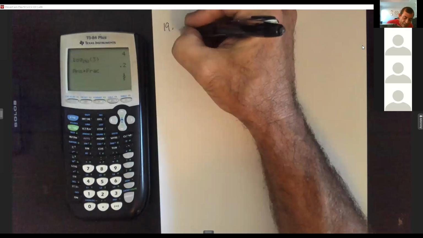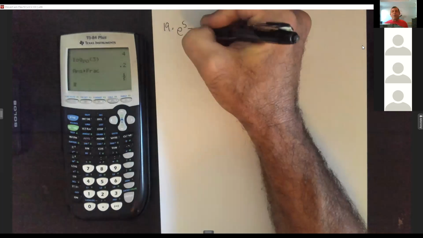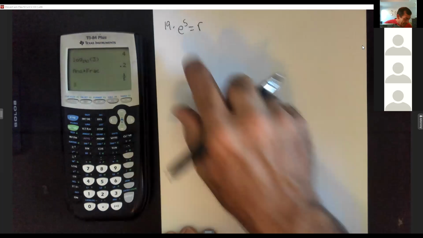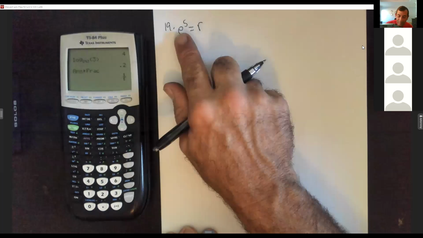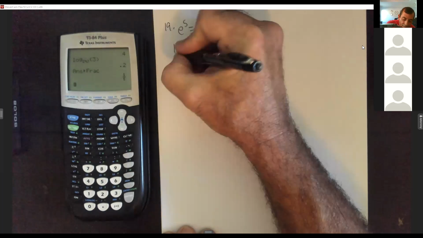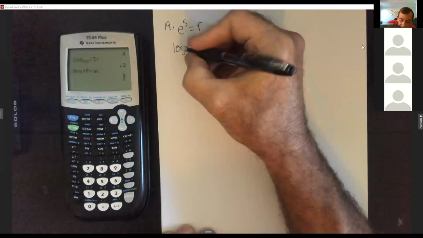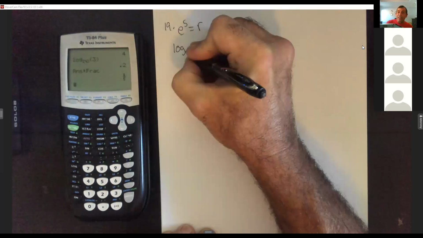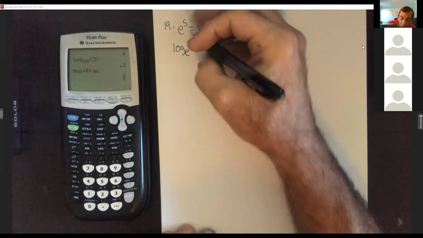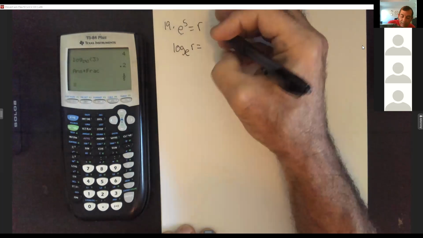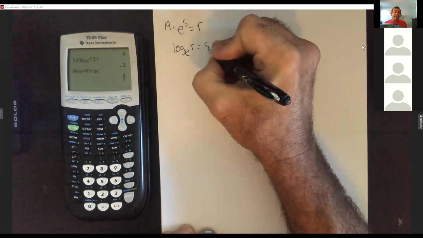E to the 5 equals R. So now they're just going to throw anything at you just to see if you can rewrite them correctly. So I'm going to bring down my log. My base is the E. My result is the R. And that's going to equal the exponent of a 5.